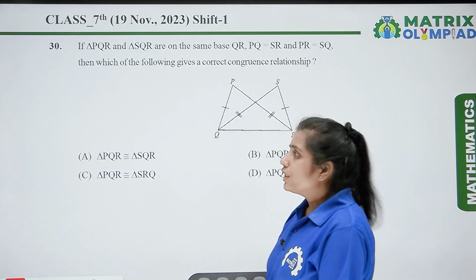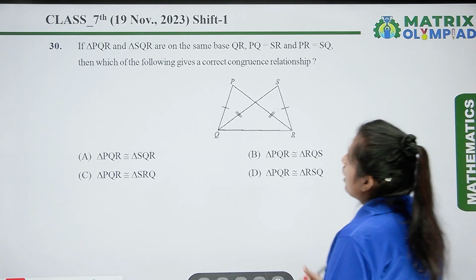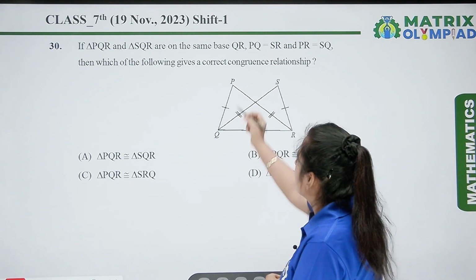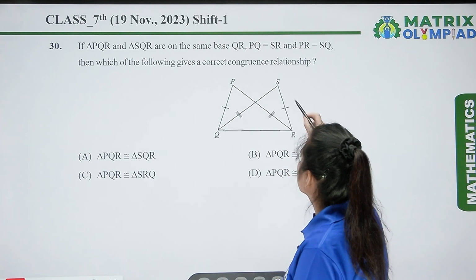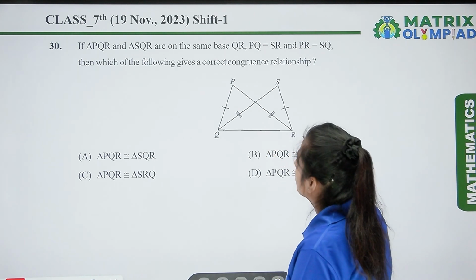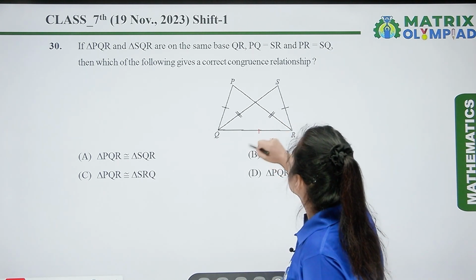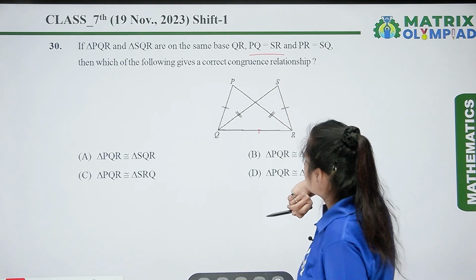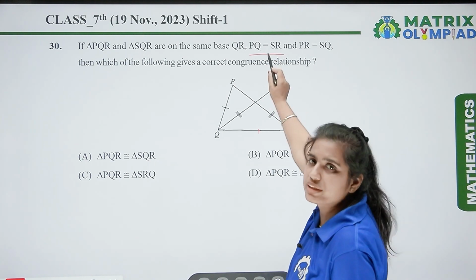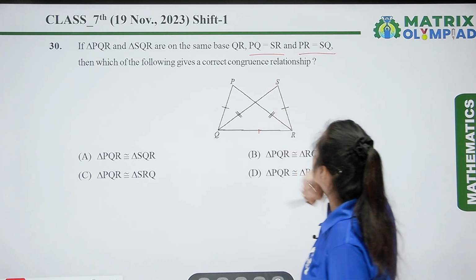Now the next question is question number 30. Triangle PQR and triangle SQR are on the same base QR. Here PQ is equal to SR and PR is equal to SQ.